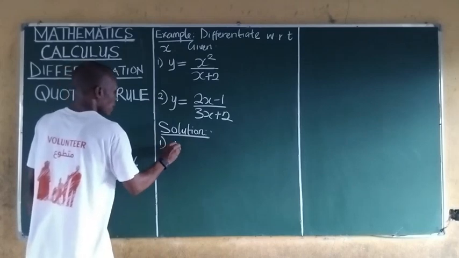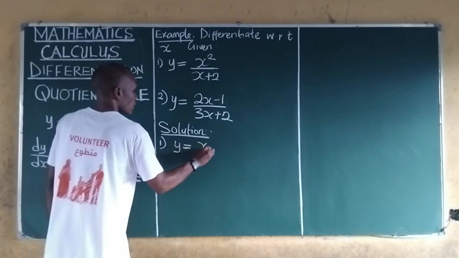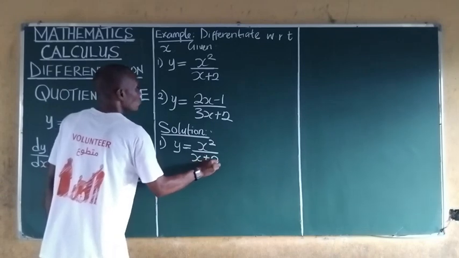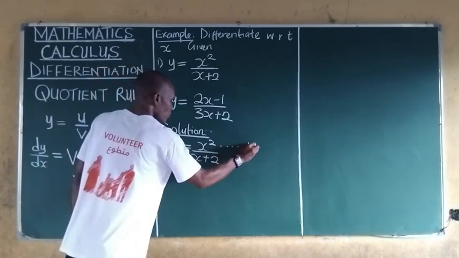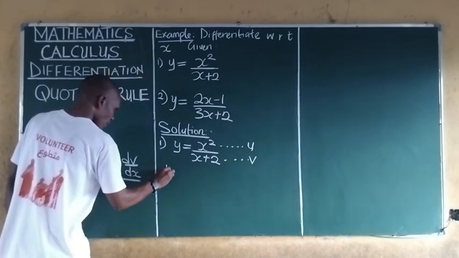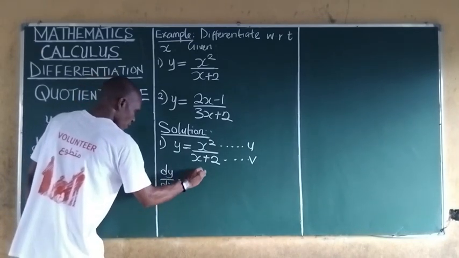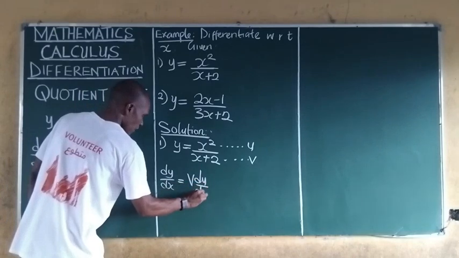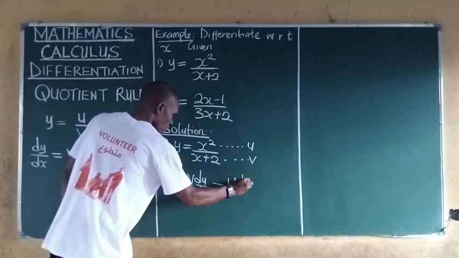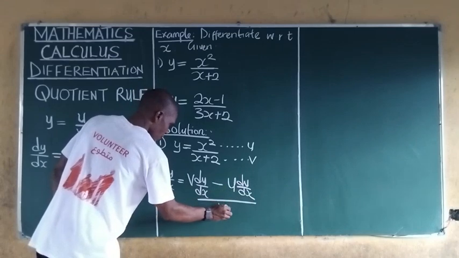Solution 1. We have that y is equal to x squared all over x plus 2. We take this as our u and we take this as our v. So we use the formula dy over dx is equal to v du over dx minus u dv over dx all over v squared.